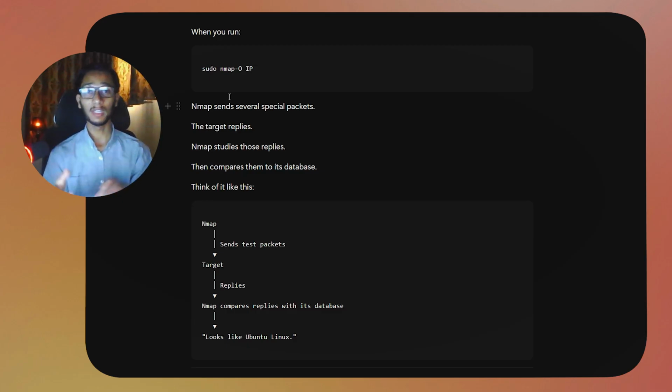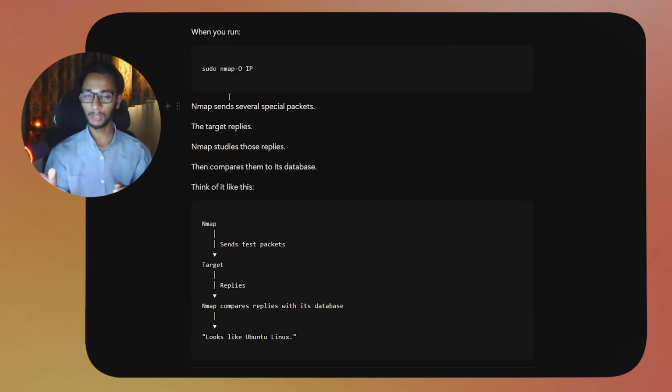Nmap then checks them against its database, where the fingerprints for most operating systems are stored, and it compares the packets it received from the target with its own database.